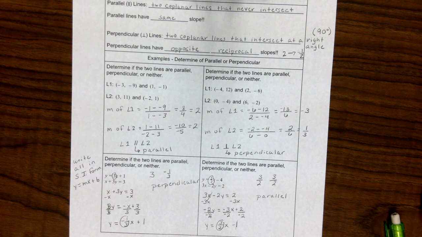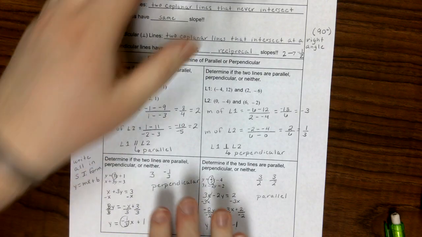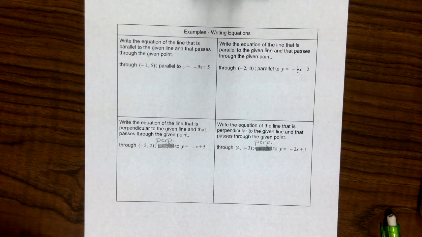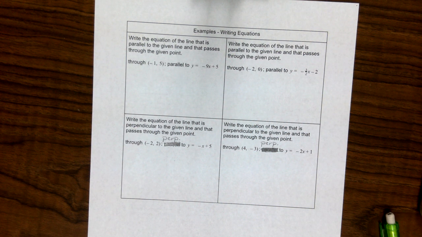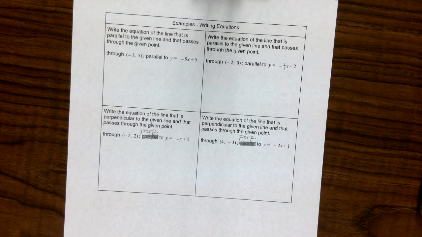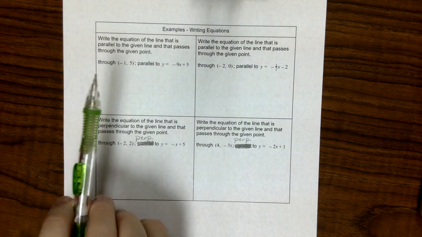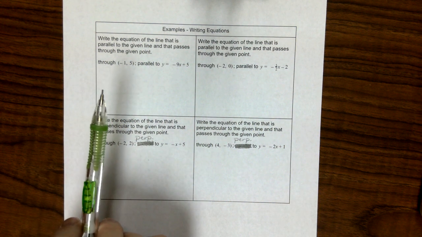Okay? So the big idea here is parallel slopes are exactly the same. Perpendicular slopes are opposite reciprocals. You have to keep that in mind, because what we're going to do now depends on if it's given as parallel or perpendicular. So now I'm going to give you a situation. Somewhere out in the world exists this line and we're trying to find it.